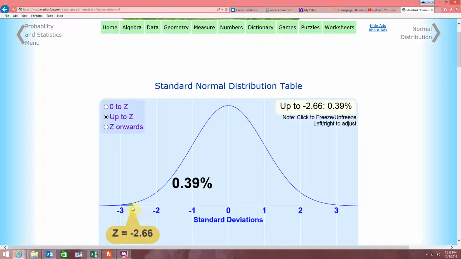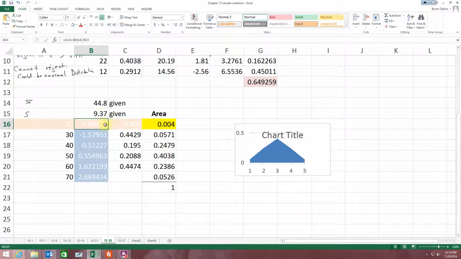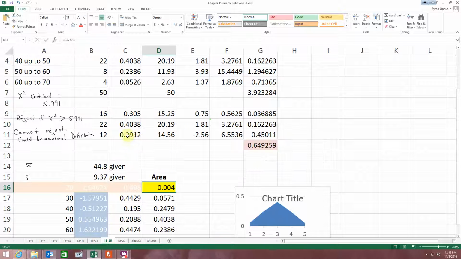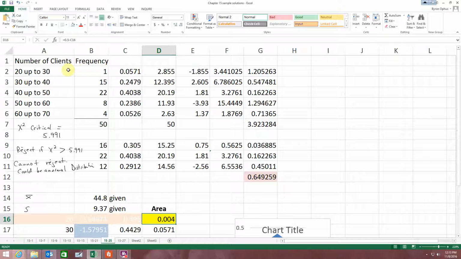I found another tool that's a little easier for this, but we'll try, see if I can get her. There we go. So 0.4%, which we express as 0.004. So that's the area. There's a 4/10 of 1% chance that somebody has up to 20 clients.